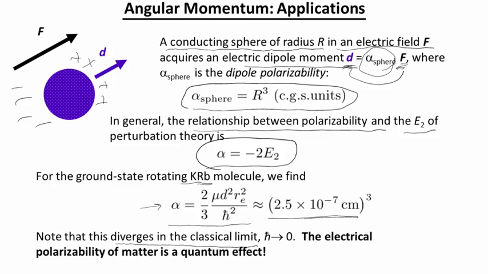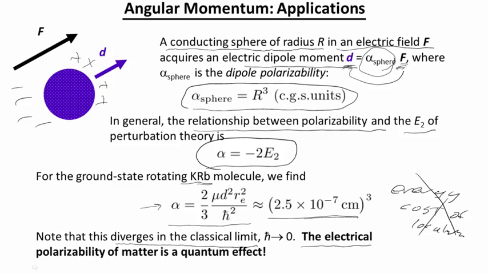And that, I think you can see, is because for a rotating molecule with a dipole moment, if there were no energy cost of localization, which is due to the uncertainty principle, then the dipole moment would be localized instantly by even the smallest field. So this shows that, at least as concerns the behavior of a rotating polar molecule, the electrical polarizability of matter is definitely a quantum effect.